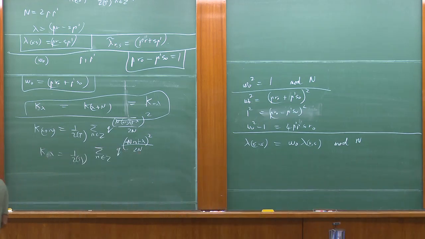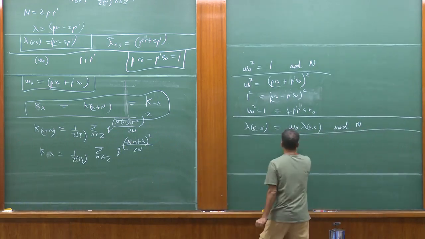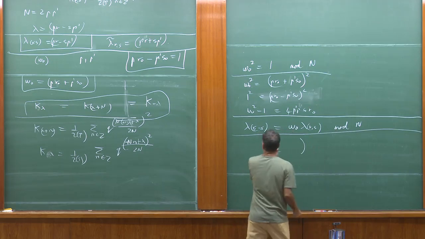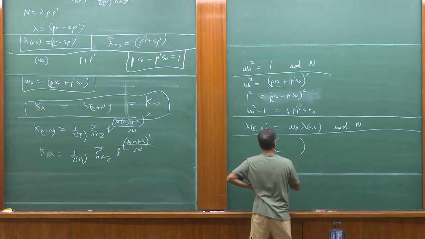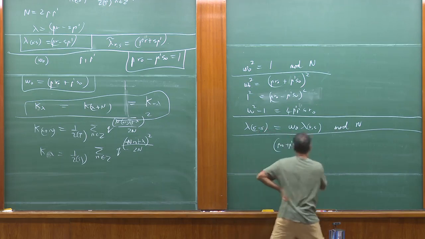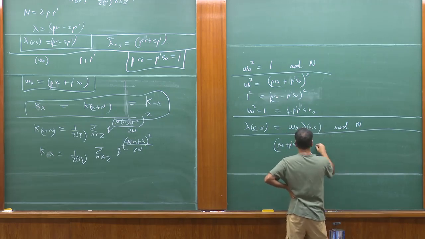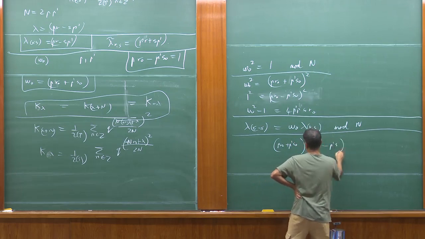Now let's try to prove this. To prove this, we just write this out. This omega naught was p r naught plus p prime s naught, and lambda of r, s was equal to p r minus p prime s.